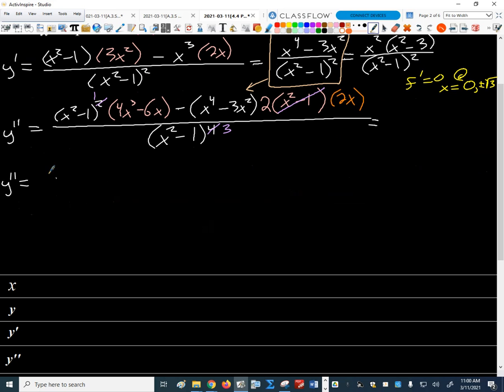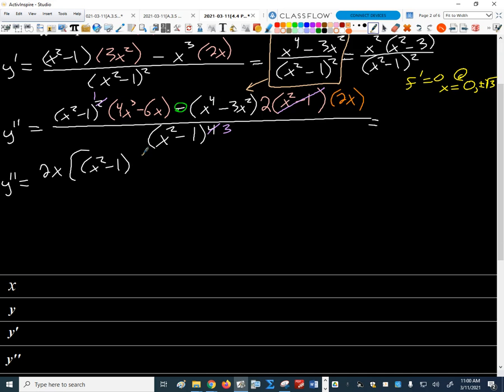So we'll take out that 2x, and then what am I left with? Here's the minus sign that's separating the two terms from the quotient rule, right? What about this first term? I've still got an x squared minus 1 factor. And then if I take a 2x out of this pink factor here, what am I left with?